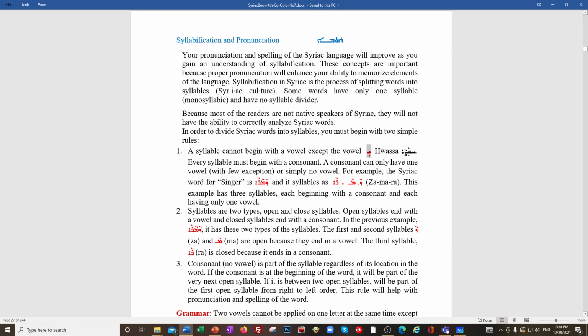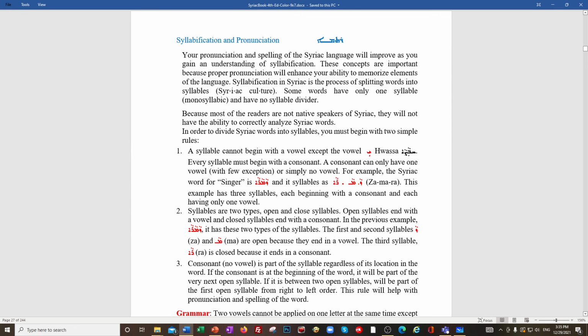Every syllable must begin with a letter with no vowel, and can only have one vowel, with a few exceptions, or simply no vowel. What I mean by a few exceptions is that if I have this letter yoth, which makes a syllable by itself, I can add another vowel to it.